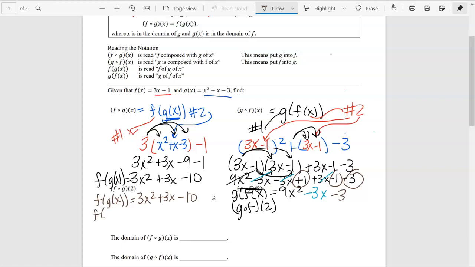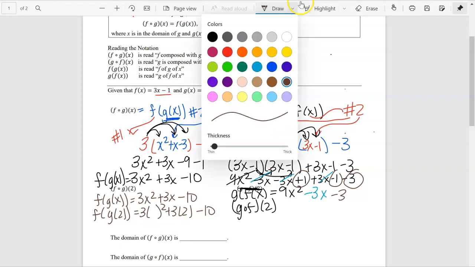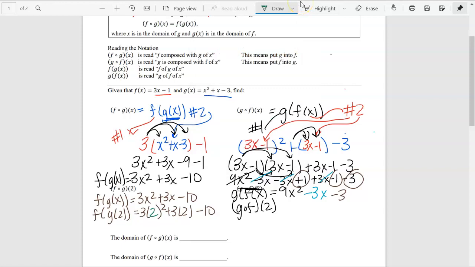So if they're just changing it to f of g of 2, wherever we see x's, we would want to plug in a 2 there. Plugging in a 2 for the x's, this ends up being 12 plus 6 minus 10, which is 18 minus 10, which is going to give us 8.